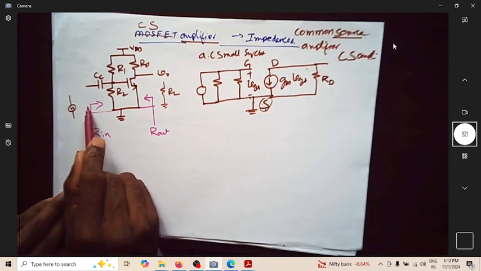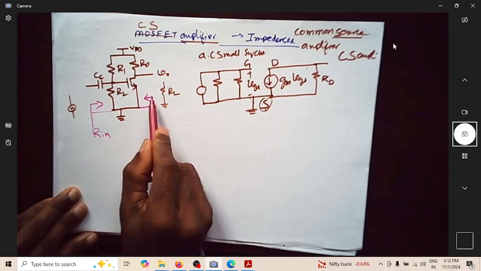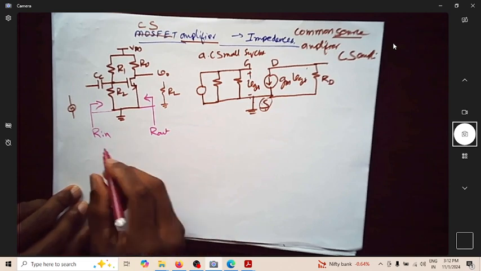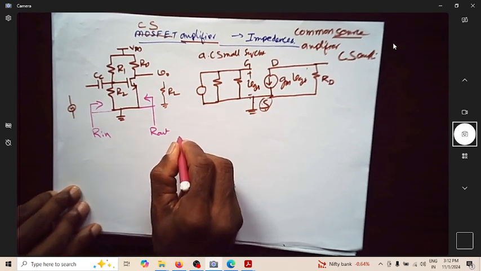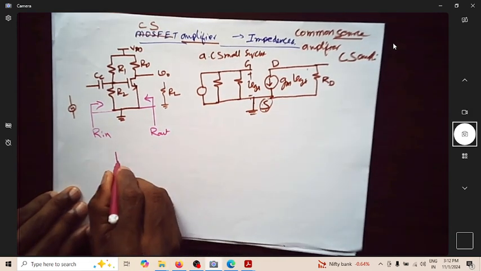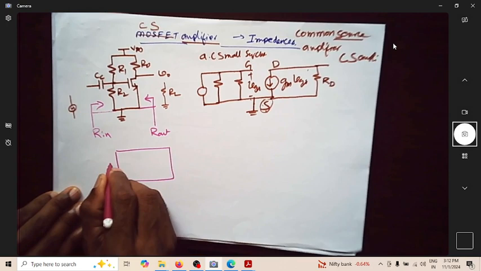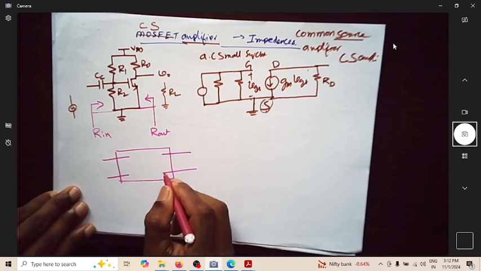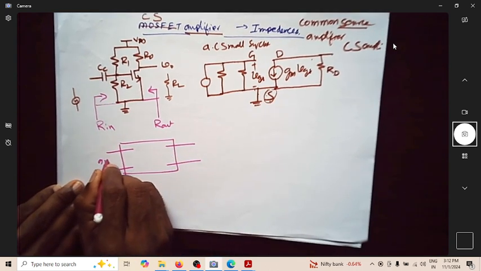So I have to see what is the input impedance offered by this and what is the output impedance offered by this amplifier. Suppose I replace this by a block diagram. If this is an amplifier, it has two input terminals and two output terminals. This is the input terminal.